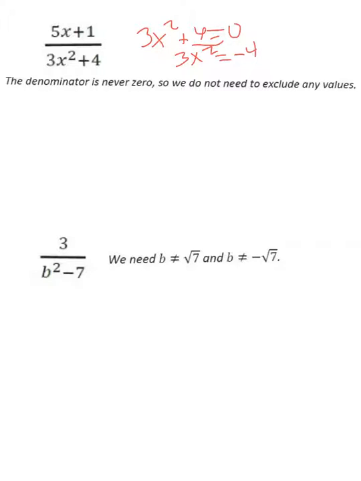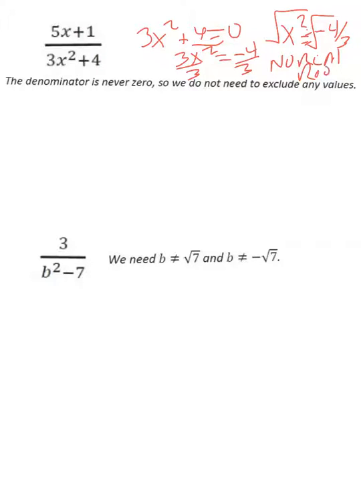Divide by 3. So now I get x squared equals -4/3. And of course, we know from the past, undoing the square, we square root, plus or minus. And can we take the square root of a negative number? No, so there's no real roots.